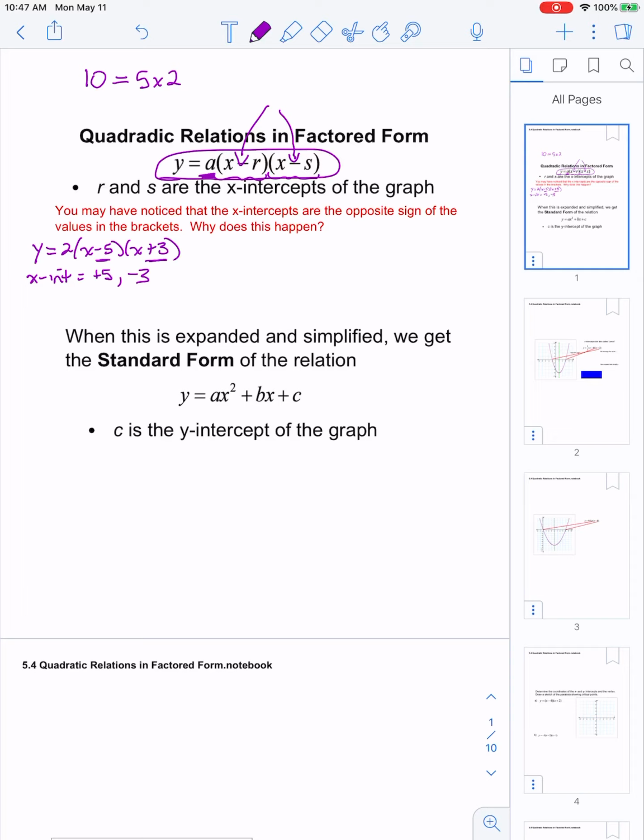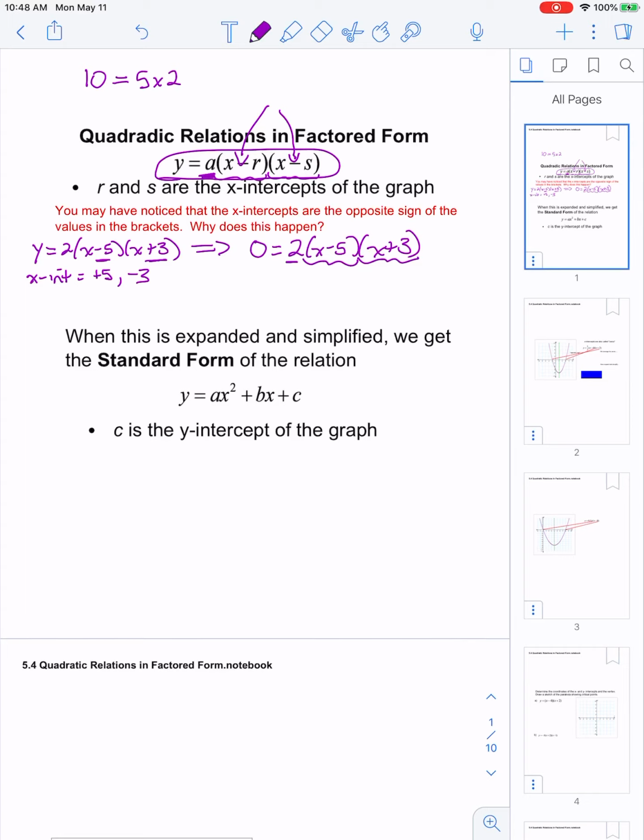So if I take this equation here and let y equal 0, so 0 equals 2(x - 5)(x + 3), we need 2 times (x - 5) times (x + 3) to equal 0.